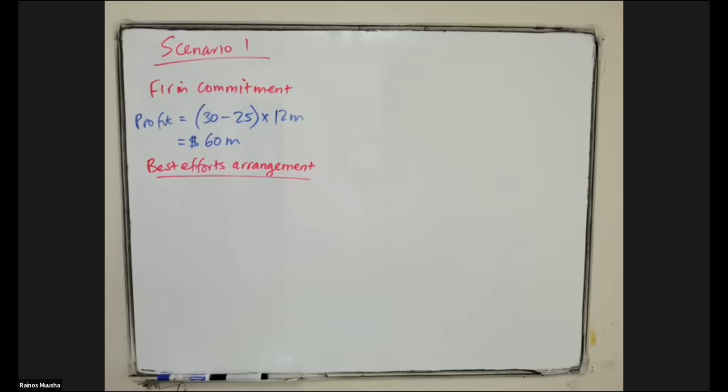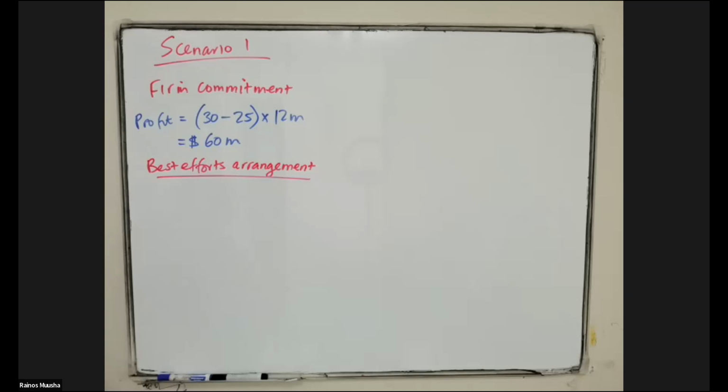The question on 1.2.2 says that under firm commitment the company buys the shares for $25 per share, and under the best efforts arrangement it charges a fee of 30 cents. But I see here your 30 is a whole number, not point 30. They are going to be charging a fee of 30 cents, right? But that's for the other arrangement.